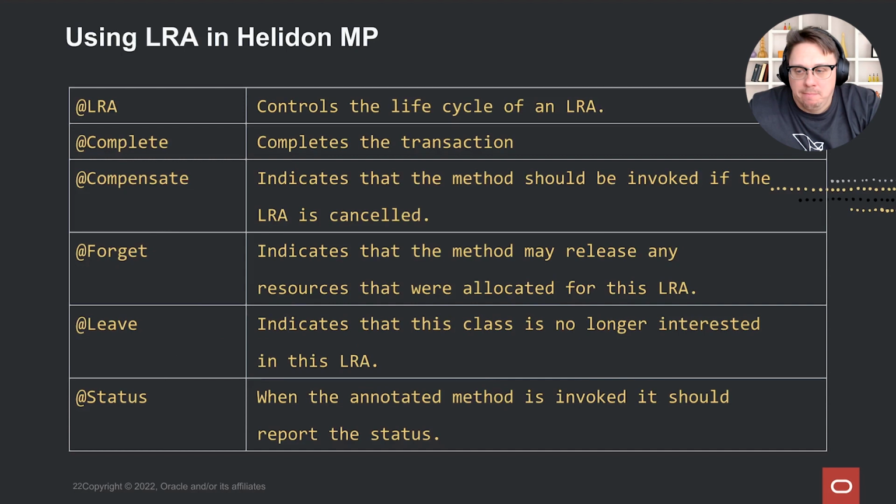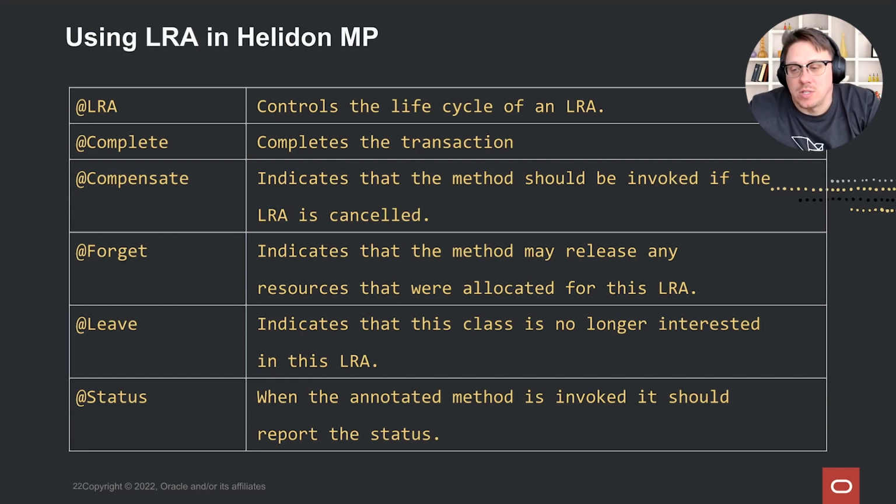So MicroProfile has created a specification which provides several annotations to describe your microservices, which means that whenever you have to be in the LRA world, you just annotate your microservices and the methods in them in special ways. For example, LRA means that this service is part of an LRA.